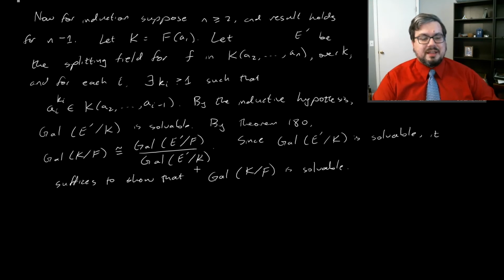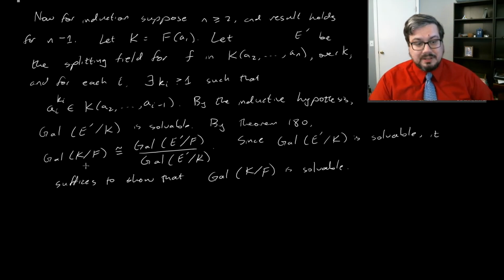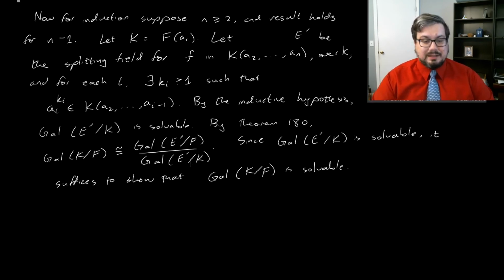Because if we can show that this normal subgroup of the Galois group of E prime over F is solvable, and that the factor group is solvable, then that means that the original group, the top group in the factor group, is solvable. But K is just F of a1. This is just the base case again.